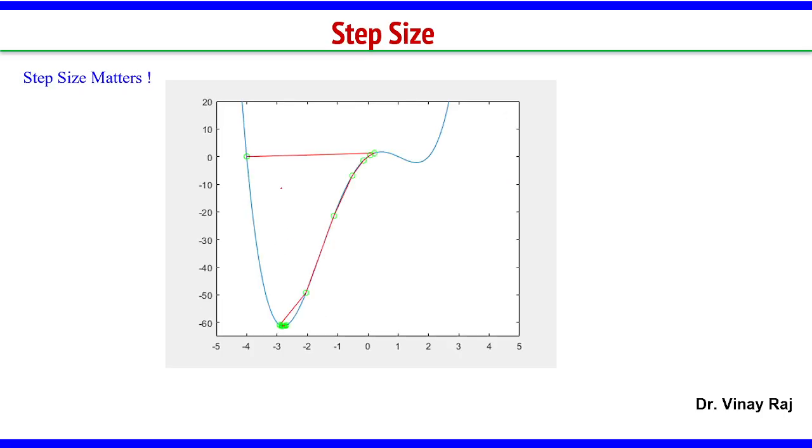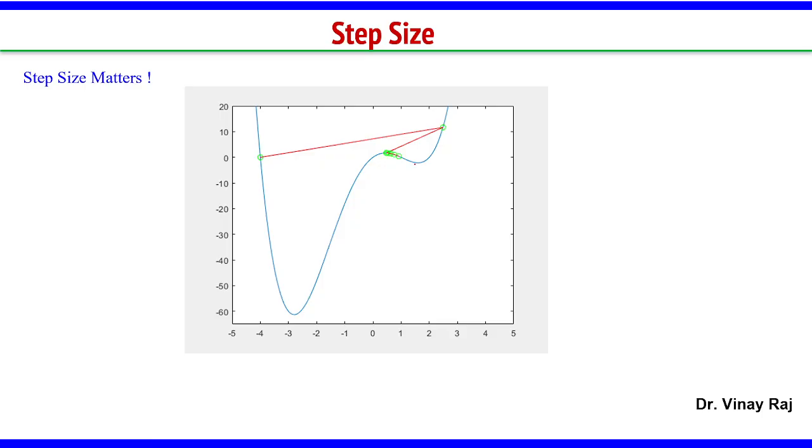Sometimes for these kinds of line equations, your step size goes from here to that side and then it comes to the point, or sometimes it may fail also. See, actually it has to come here, but it went that side, it found that as the best value. So, step size also matters in this, right.